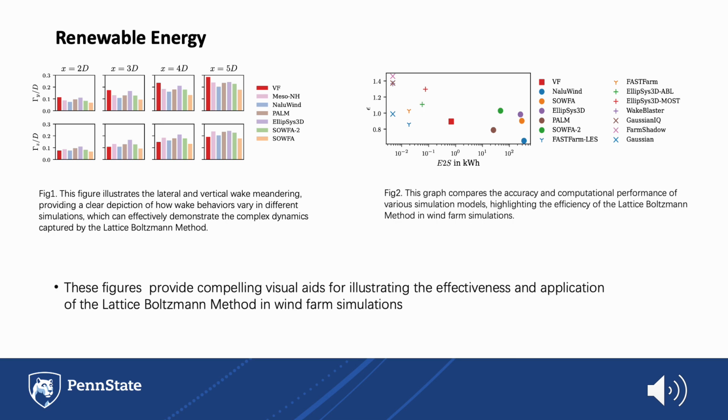Moving to the next figure, which is figure 2, the graph compares the accuracy and computational performance of various simulation models, and it highlights the efficiency of the lattice Boltzmann method in wind farm simulation, which shows how the lattice Boltzmann method is good for predicting environmental scenarios. These figures provide a compelling visual aid for illustrating the effectiveness and application of the lattice Boltzmann method.